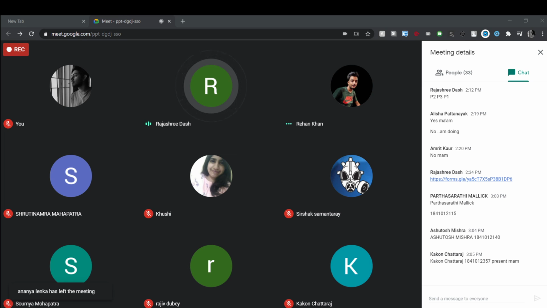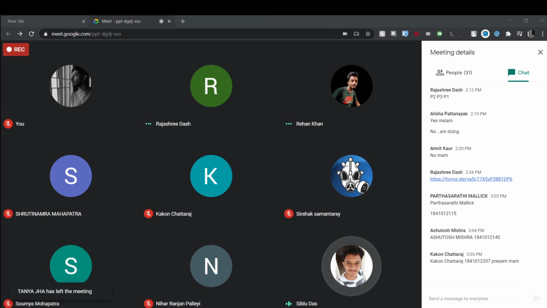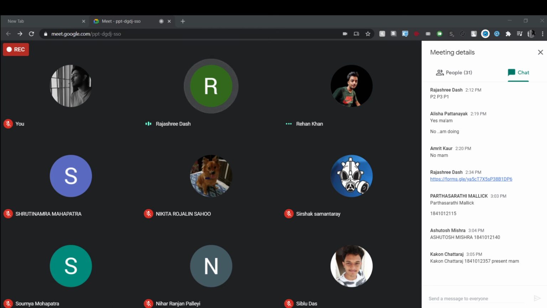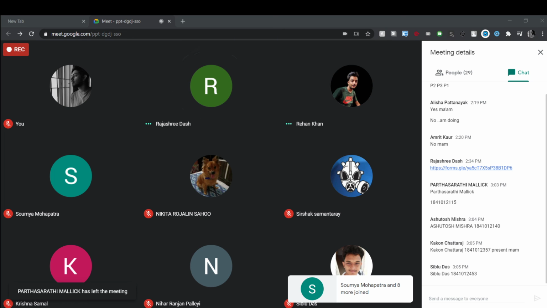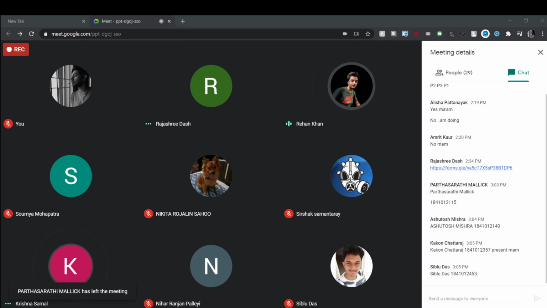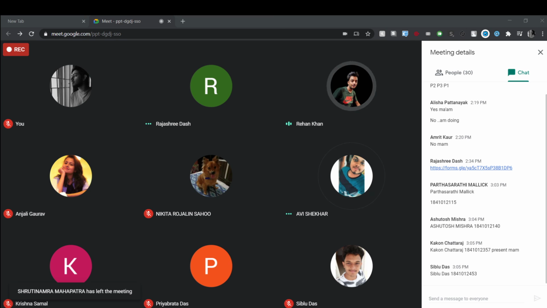Neha Ranjan Pali, present, ma'am. Nikita Rojalin Sahu, present, ma'am. Krishna Samal, present, ma'am.